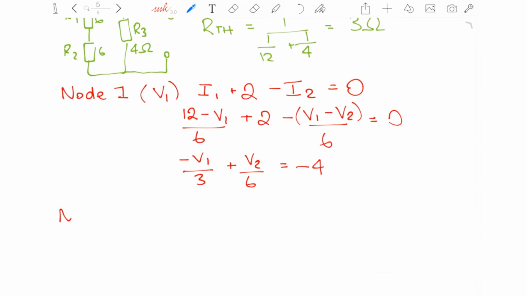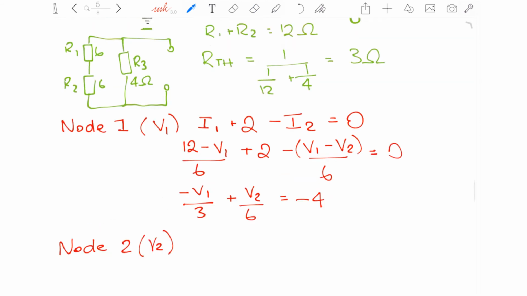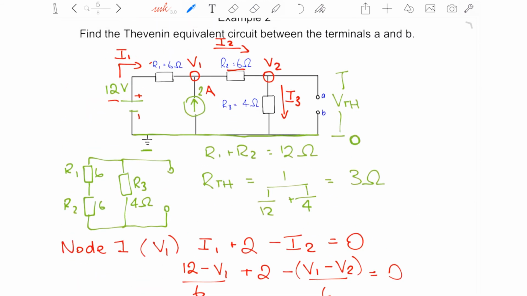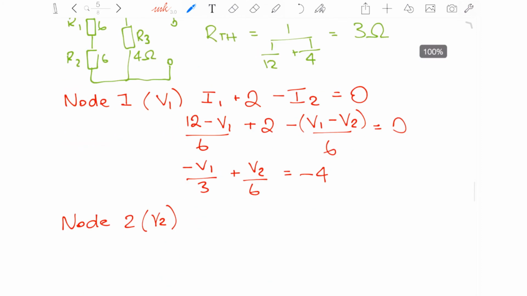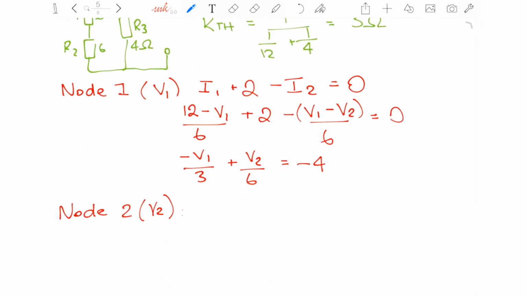For node 2, which is V2, as you can see above, we'll have I2 entering the node and I3 exiting the node. This will be equal to 0. So we have I2 minus I3 equals 0.